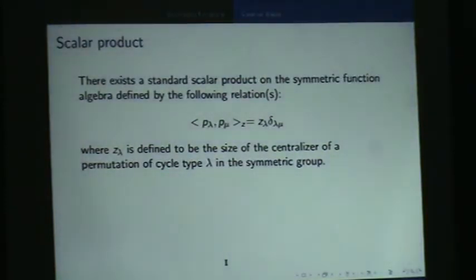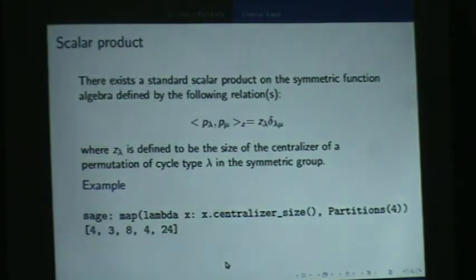So this says that the power sum symmetric functions are orthogonal with respect to this scalar product. And we define c sub lambda to be the size of the centralizer of a permutation of cycle type lambda in the symmetric group. So that's just how this scalar product is defined.